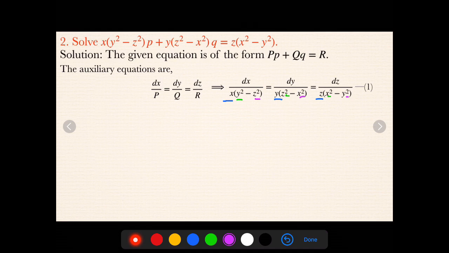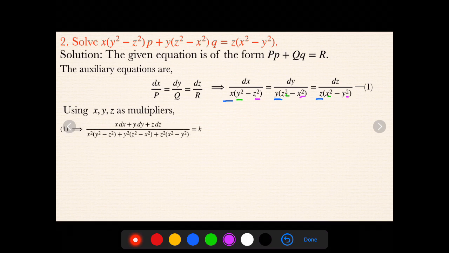If x, y and z are existing outside and inside there are alternating signs, then definitely x, y, z will act as a multiplier. Okay. So I will consider x, y, z as the multiplier. So multiply now x into dx, y into dy, z into dz, and in the denominator x into x square, y square minus z square, y square into z square minus x square, z square into x square minus y square.